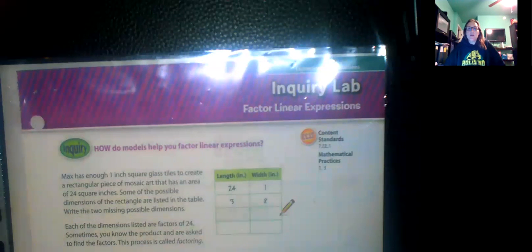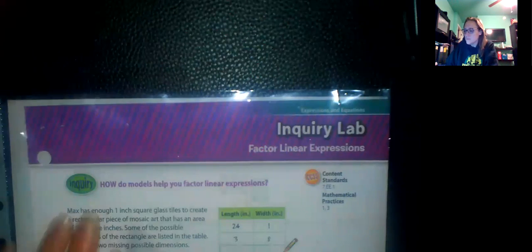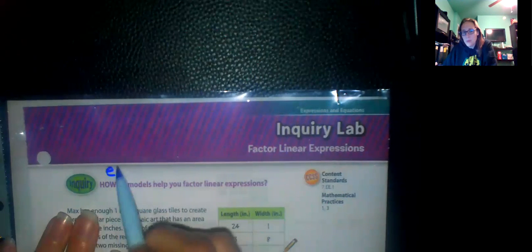All right, so we are learning about factoring linear expressions. And so this is the opposite of the distributive property. So remember, we learned the distributive property, and I know some of you are still struggling with that. So this is just an example, okay?